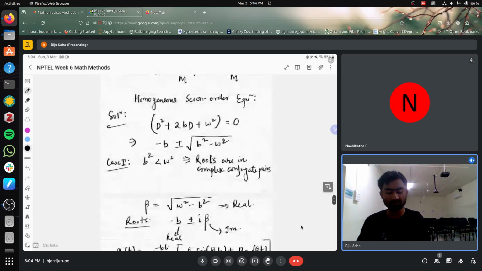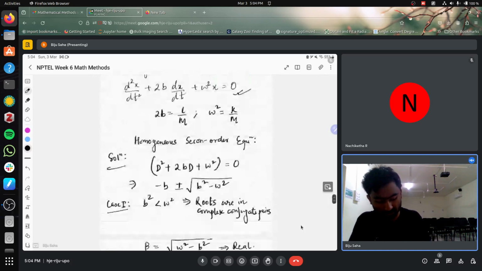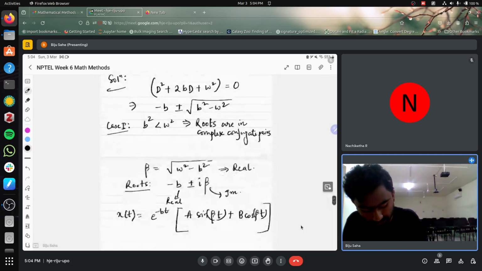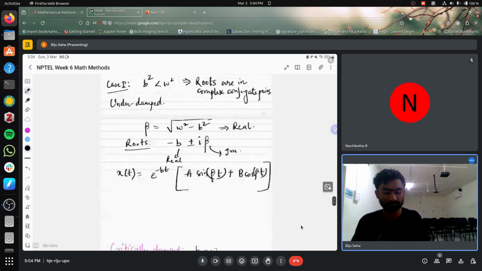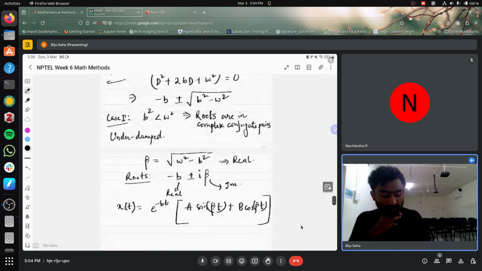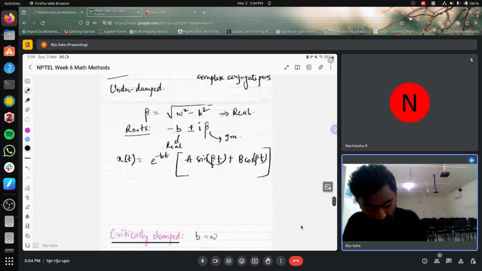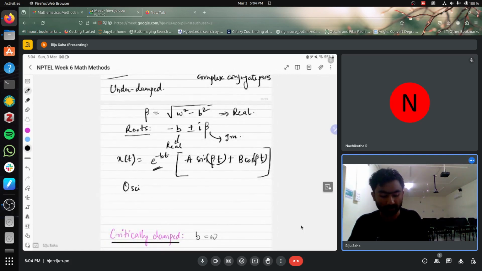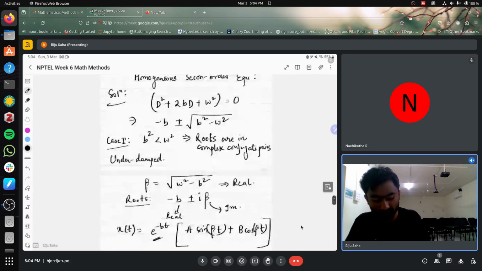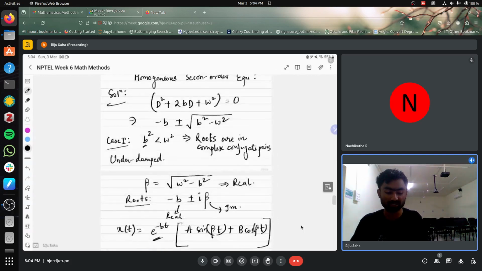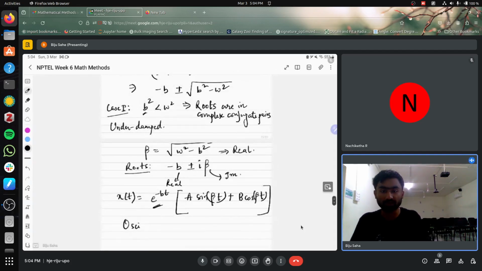So this is a case of underdamped motion. This case 1 is underdamped. For this case, the motion is oscillatory. There is also some kind of damping involved, but since the damping coefficient, that is b, is much lesser than this omega, the damping does not affect the oscillatory motion much.